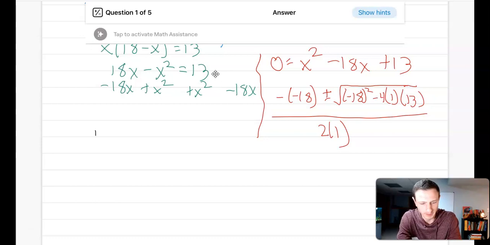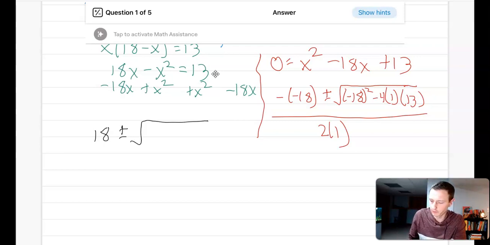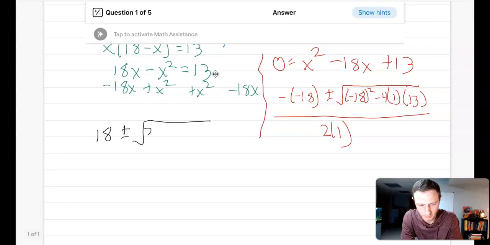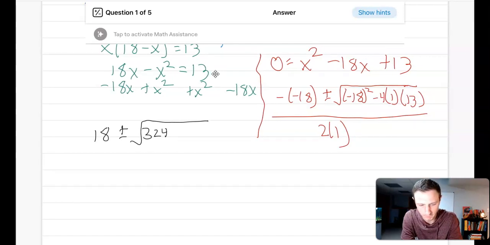This is going to be positive 18 plus or minus the square root of 18 squared. I'm not gonna chance it here. 324 minus 4 times 13 is 52. 324 minus 52 is 272.